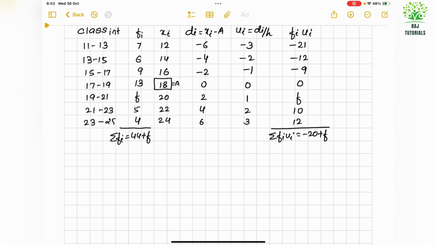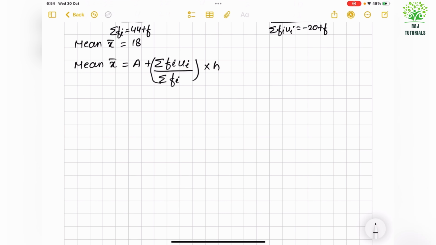So now mean is given, x bar is given as 18. So I am using the formula mean x bar equal to a plus sigma fi ui upon sigma fi into h. So I am putting the values. 18 equal to a, which was 18, plus minus 20 plus f upon 44 plus f into 2.